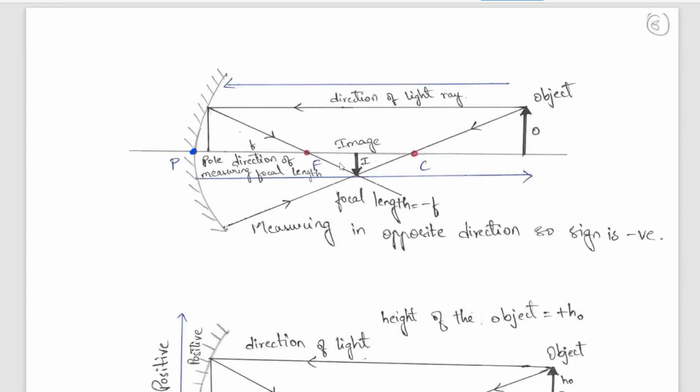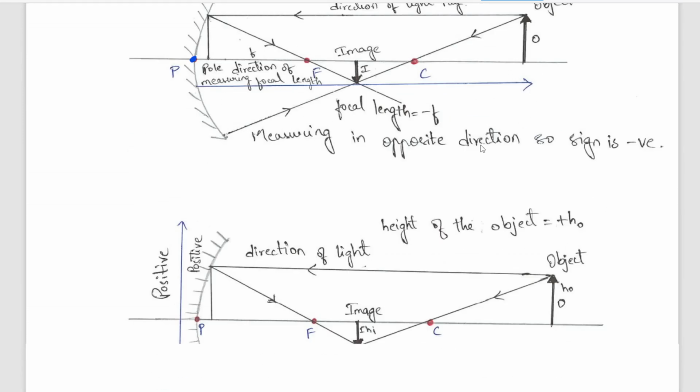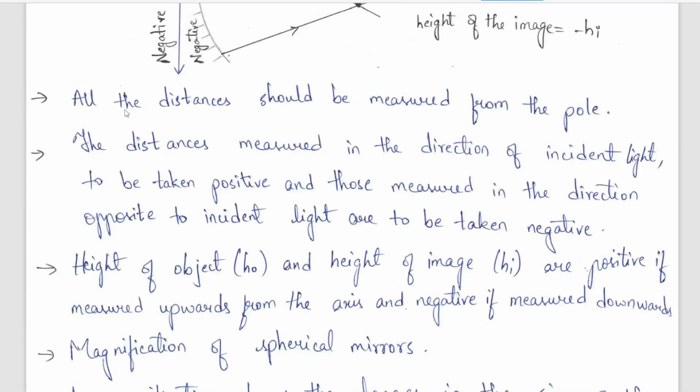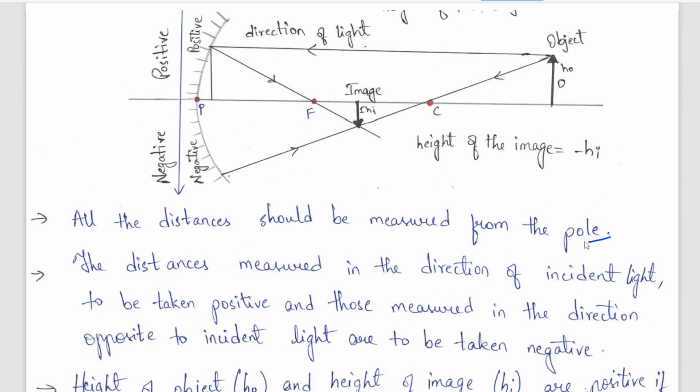As I said before, the object distance and image distance, both we are measuring from the pole itself. Second, the distances measured in the direction of incident light are taken positive, and those measured in the direction opposite to incident light are taken to be negative.